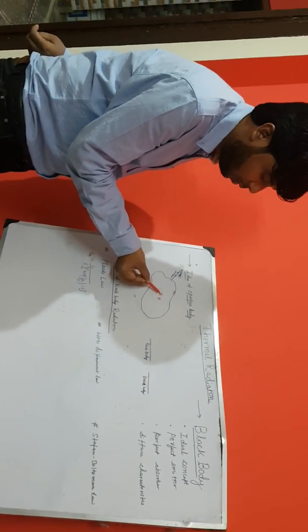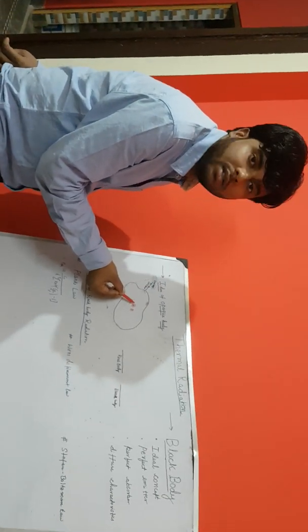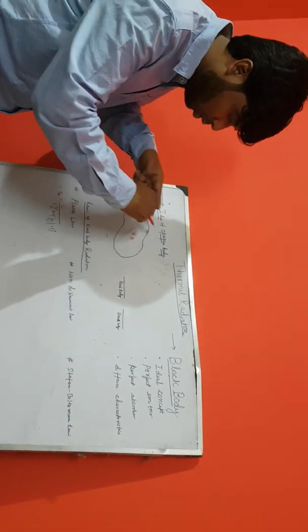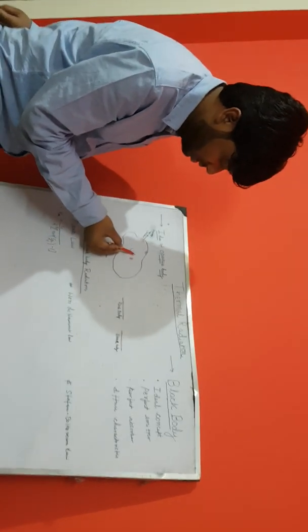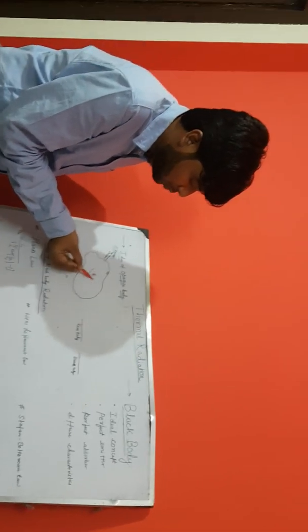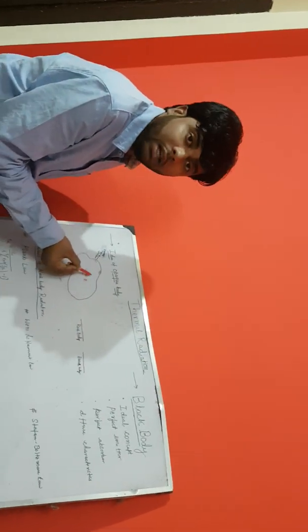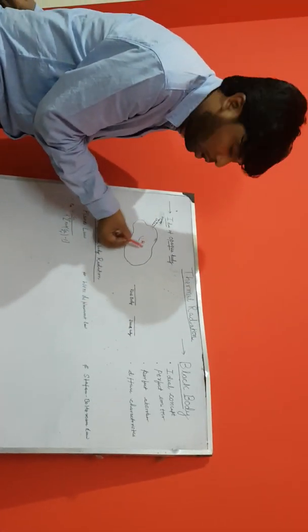This is an atom from which the emission is taking place. The red color is the emission direction, all around the atom. The energy emitted from this atom does not reach the surface. It is absorbed by the nearby atom only.